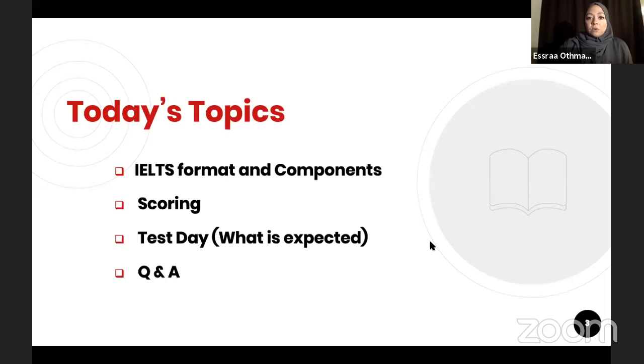We're gonna also know what to expect on test day, after registration, when you are on your way to your exam. And at the end, we'll have some time for your questions. Whenever you have a question, please write it down and remember to type it for me at the end of the session so we can discuss all of your questions together.